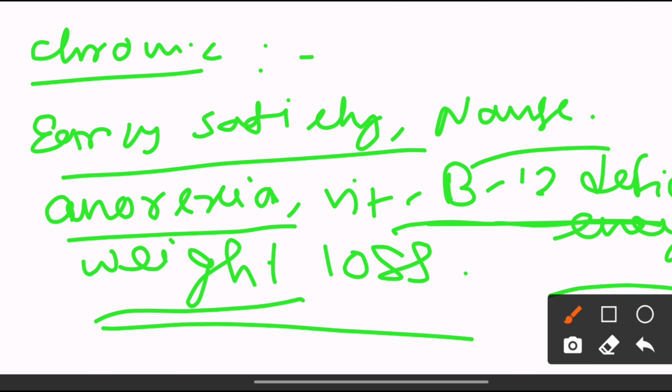These are the clinical features of chronic gastritis.